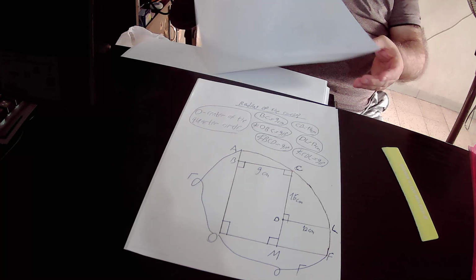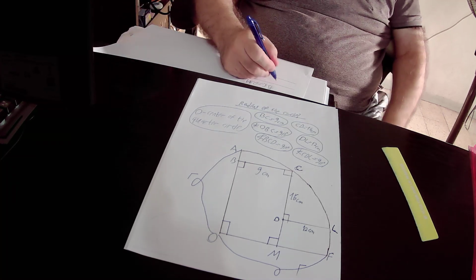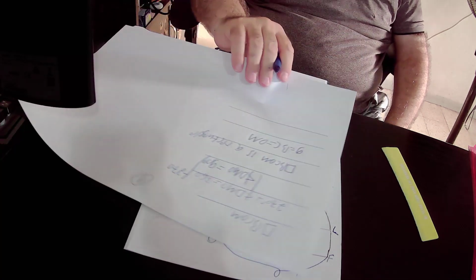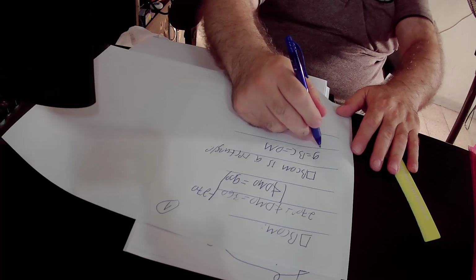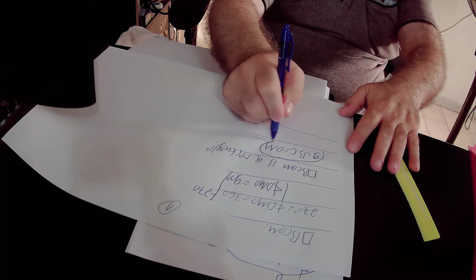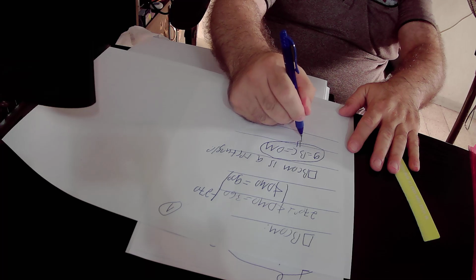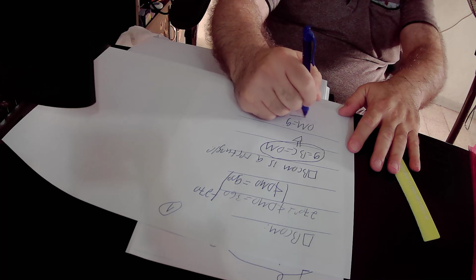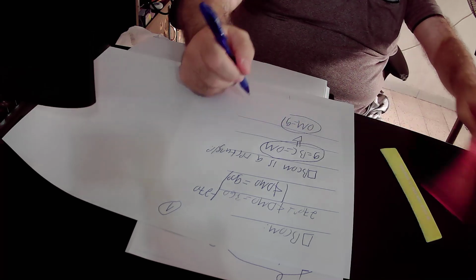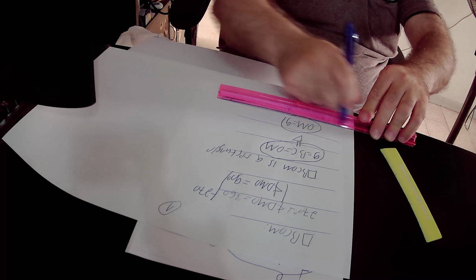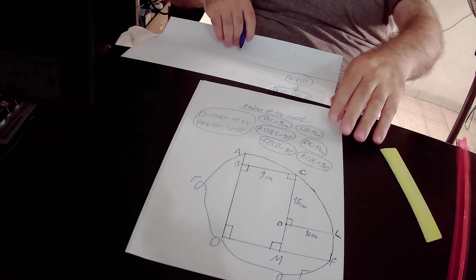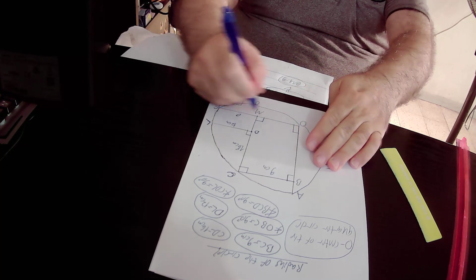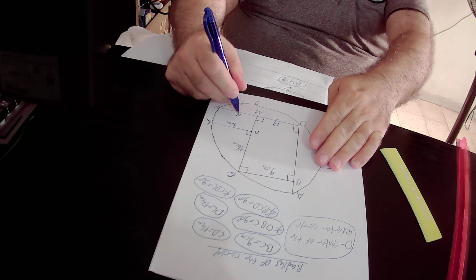So we can write here that BC equals 9. And from this equation, 9 equals BC equals OM, we derive that side OM is also equal to 9 units.